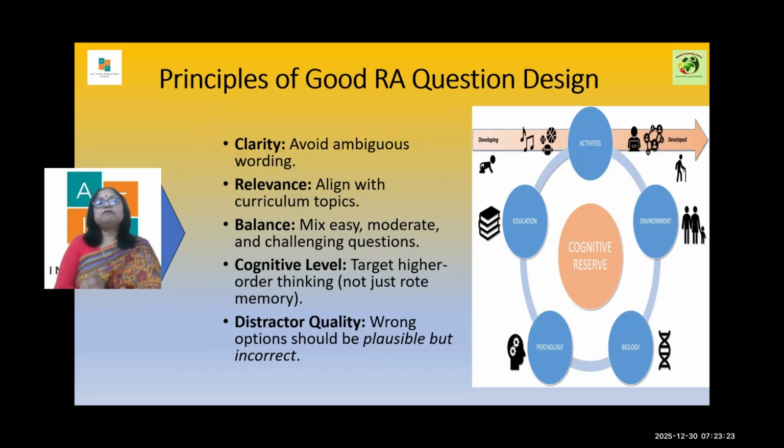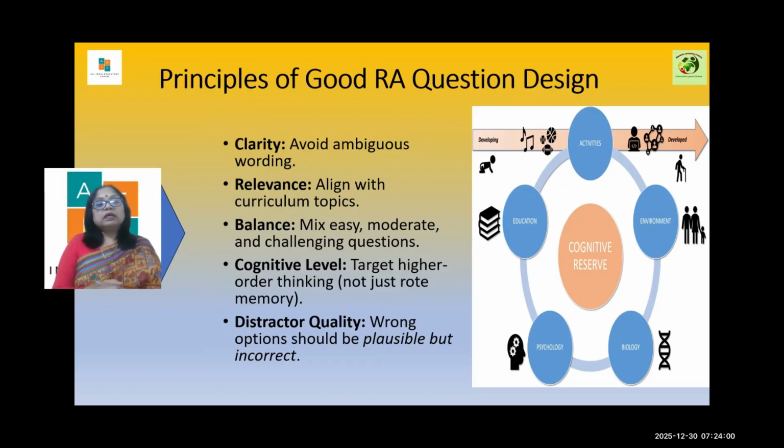Like if you are planning 5 questions in a test paper, they should not be all the toughest ones, or they should not be on the easier side. There should be a complete balance between the moderate, the challenging questions and the easy questions. It can be decided by the parallel teachers when you sit and discuss the blueprint of the question paper. It should be discussed and then it can be followed.